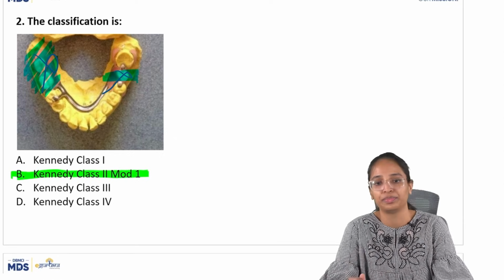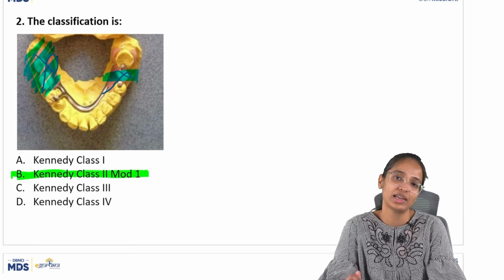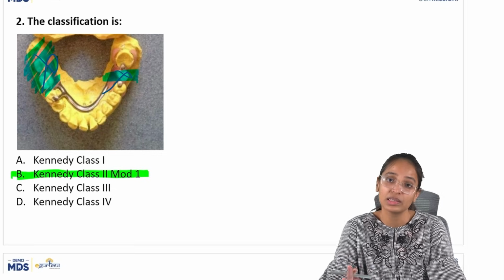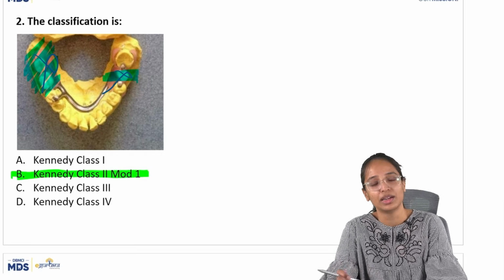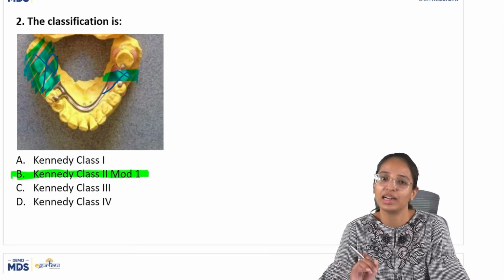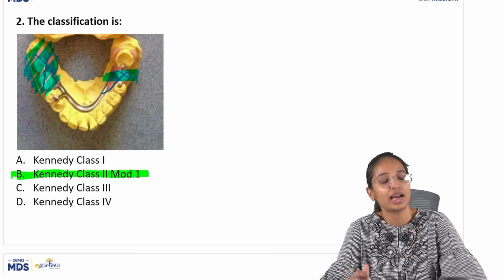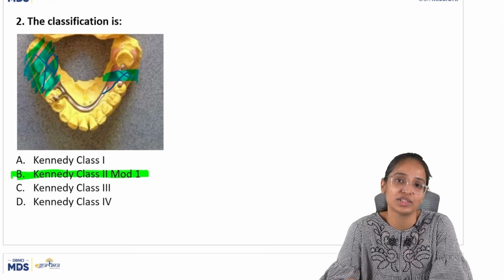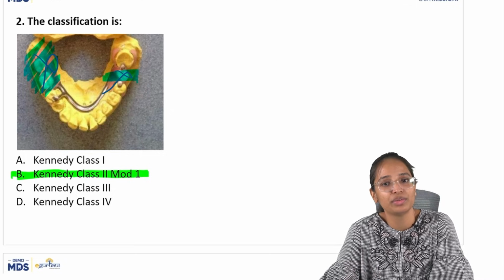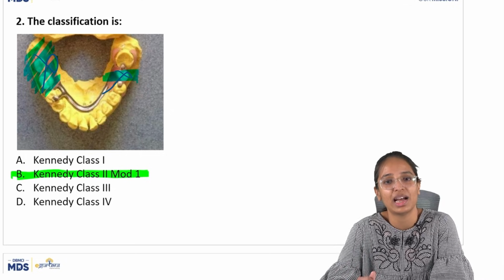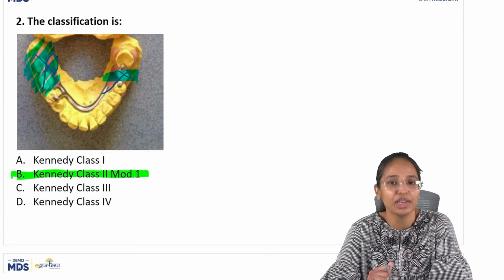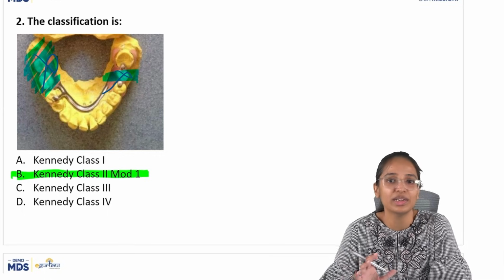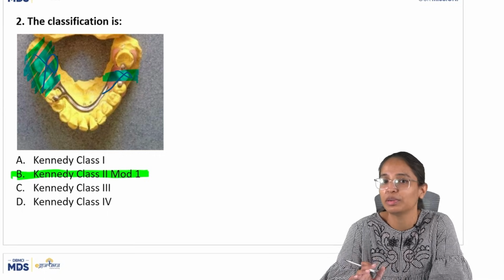Now, if I were a student and I did not know this answer 100% with certainty, or probably I had some doubts, what are the ways where I can identify still or take a guesswork here? My best bet to you here is to see all four options, and the least you can probably know here is that there are two edentulous spaces, so one of them has to be modification space.